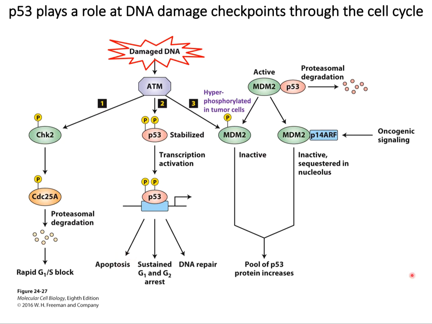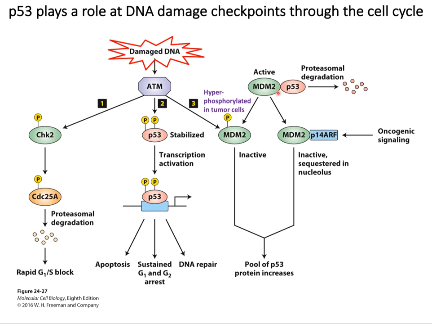It can also sustain cell cycle arrest until the damage can be corrected, or if it cannot be corrected, then the cell will die. The third way in which ATM, and this is related to p53, can halt the cell cycle upon damaged DNA is that it phosphorylates a protein known as MDM2.